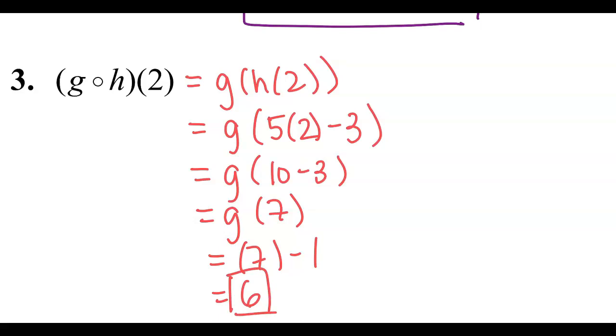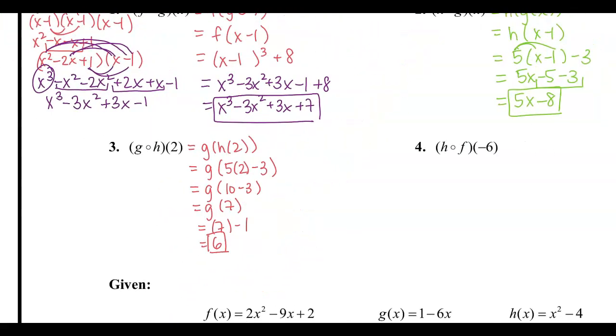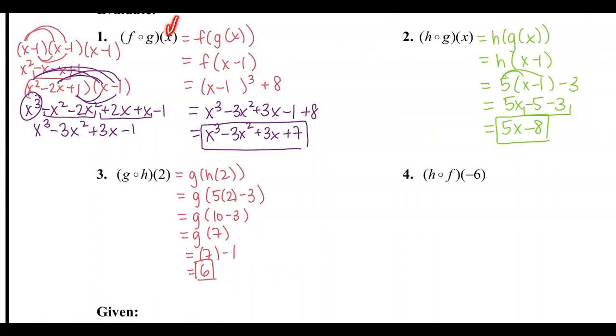I want to make this note before you try question number 4. Whenever you have a variable inside of your parentheses like we had for numbers 1 and 2, your answer will always have variables in the answer. So I'll say that again. Whenever you have variables inside your parentheses, your answer should always have variables.